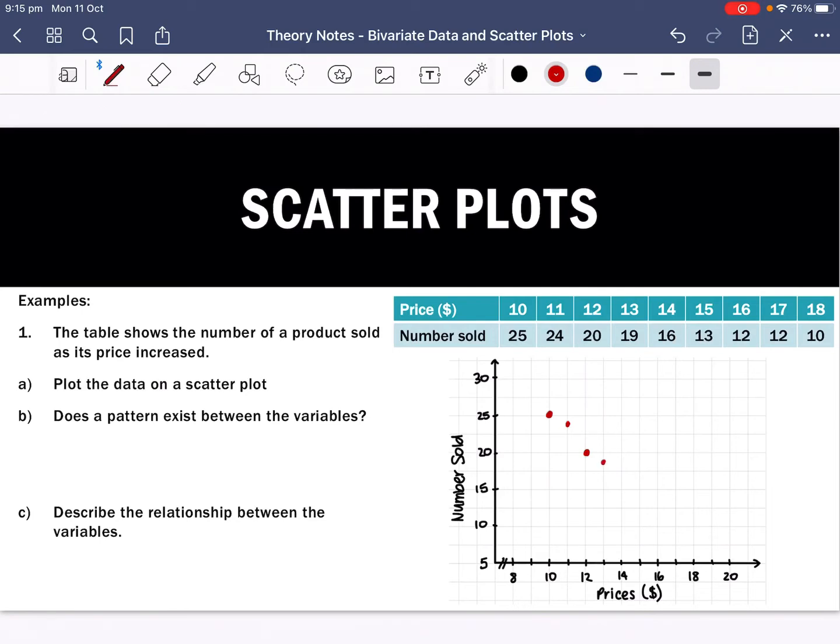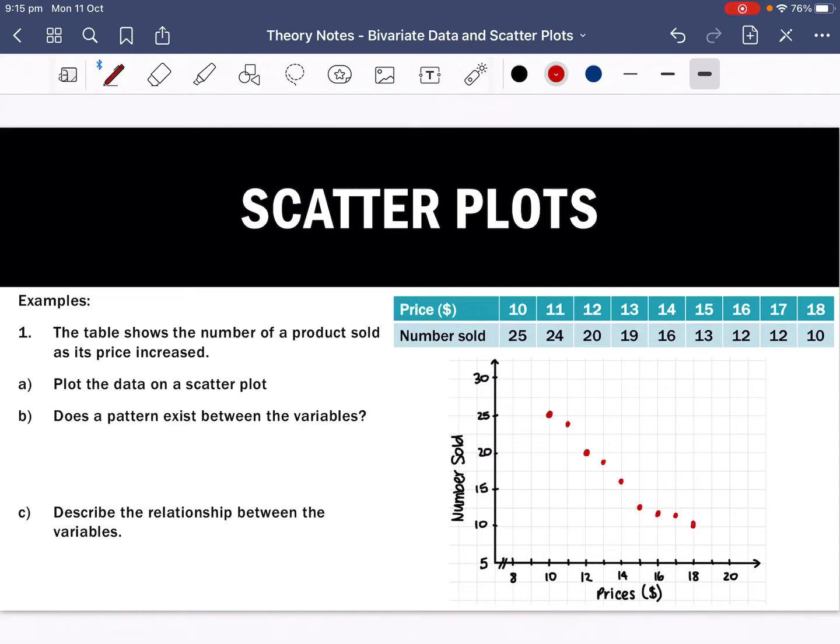Then it's 14, 16. Then we have 15, 13. Then we have 16, 12. Then we have 17, 12. We have 18, 10.